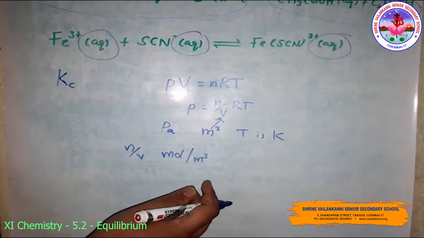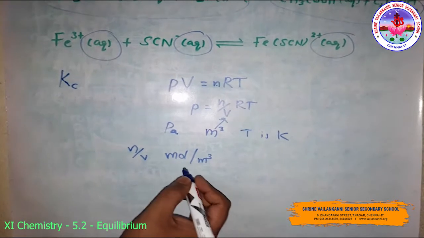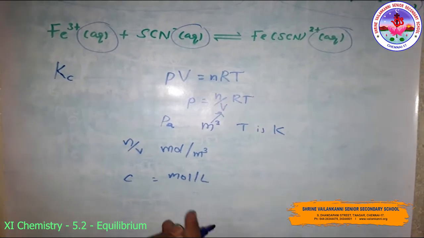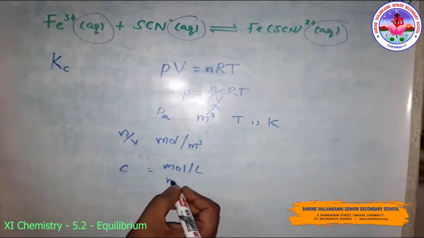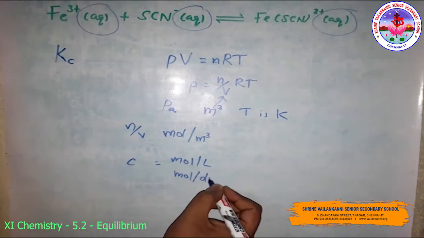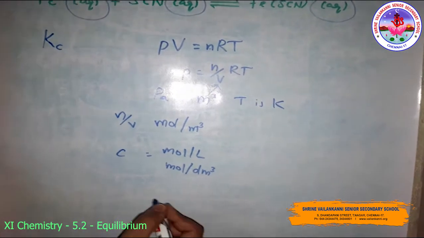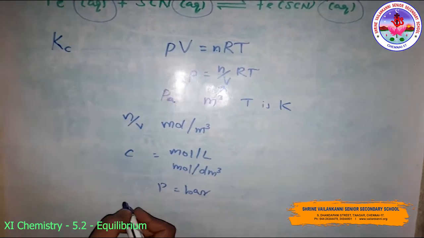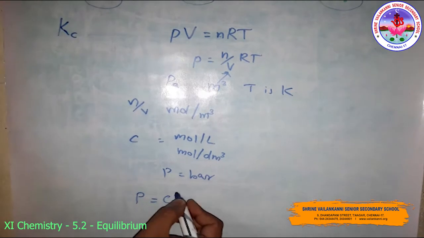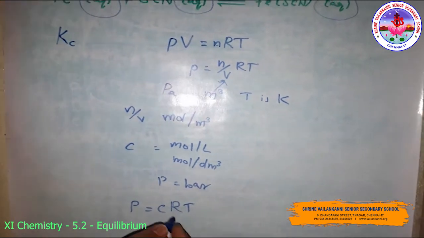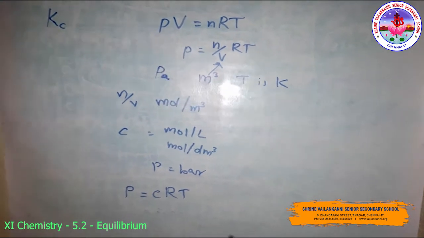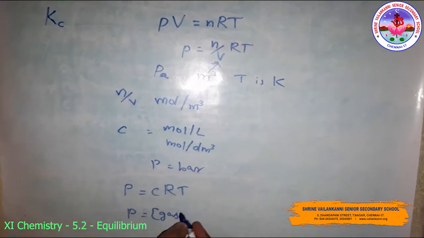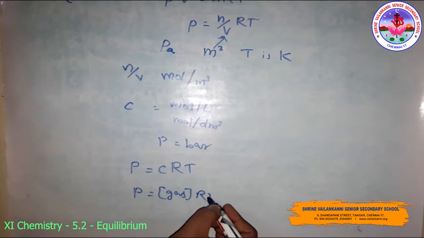If the concentration C is in moles per liter, or moles per dm cube (decimeter cube), and the pressure is in bar, then P = CRT, concentration times RT. So for a gas, P is equal to the concentration of the gas times RT.